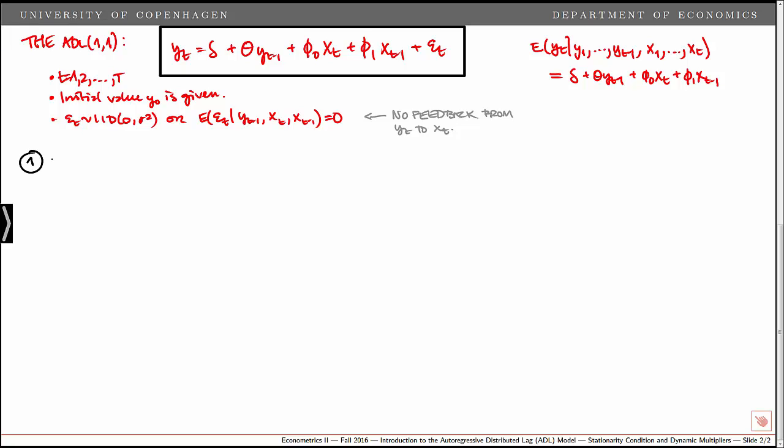Stationarity of y_t requires two things. First, we need x_t to be stationary. So we are conditioning on x_t, and if that is stationary, y_t is also stationary, provided that the autoregressive polynomial is invertible.